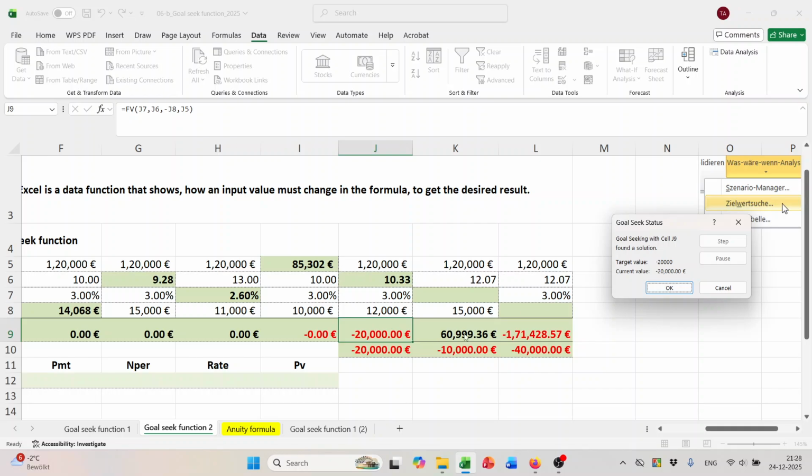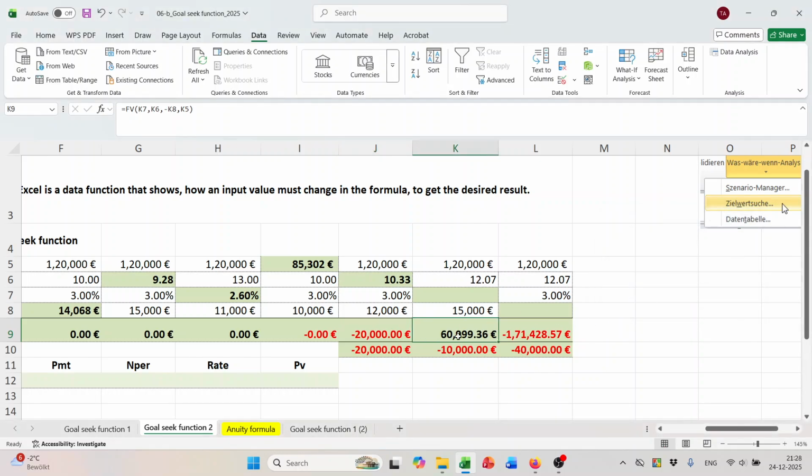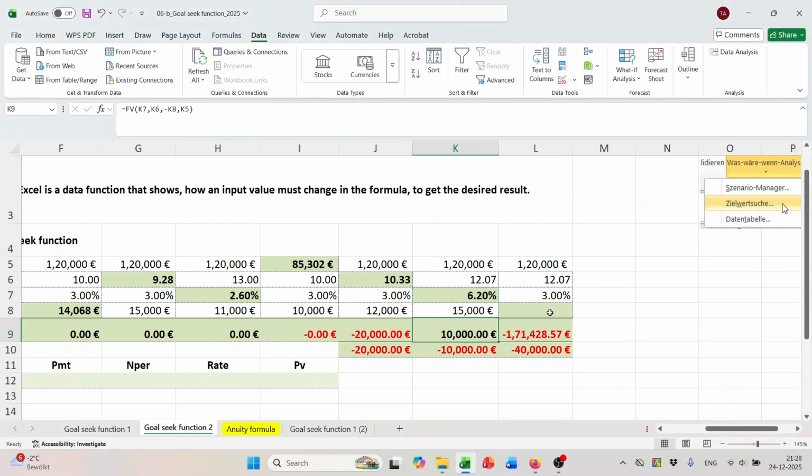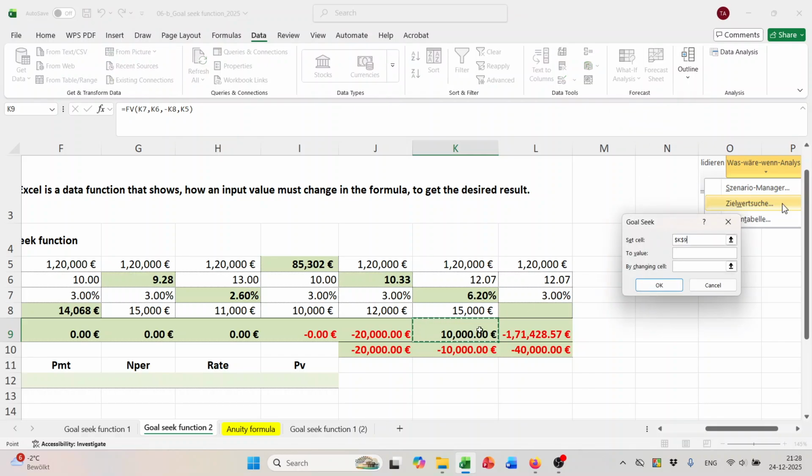Okay, here I want to reach minus 10,000 in this cell. Oh sorry, I have to do it minus 10,000, changing this cell.